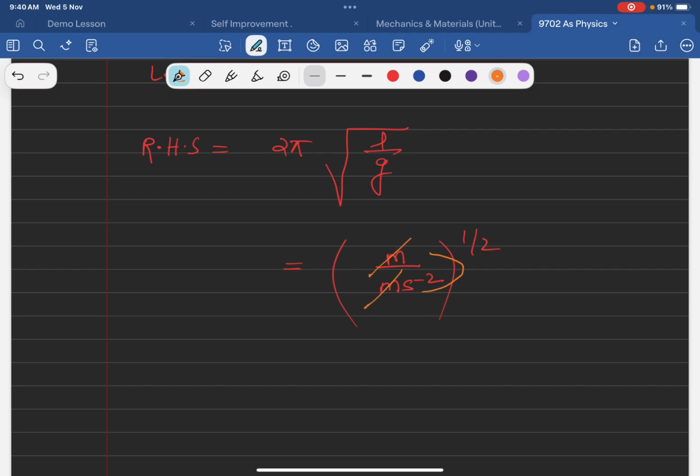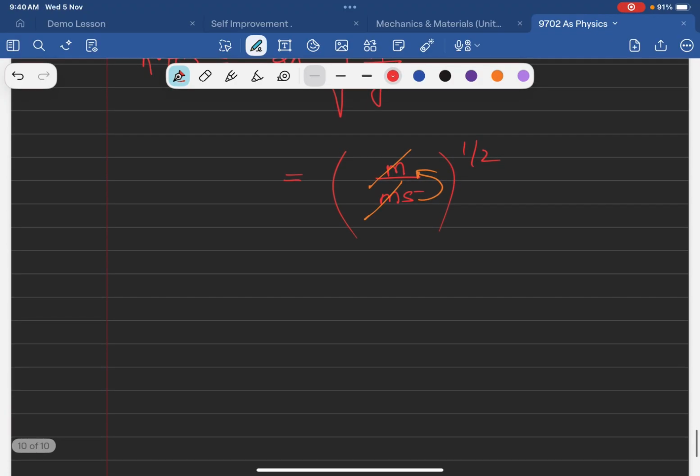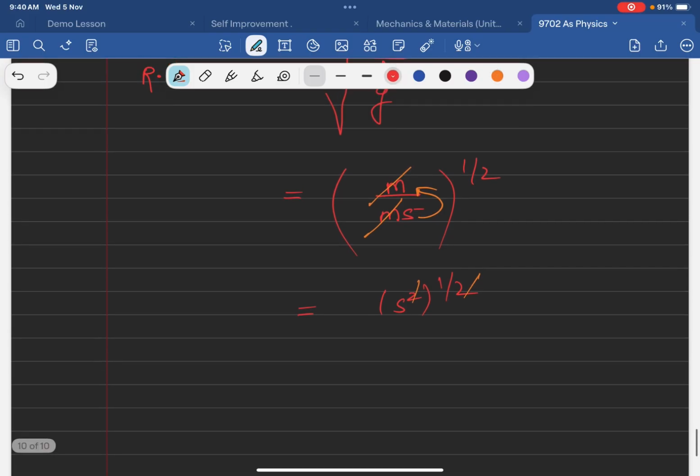This s minus 2, as it comes upwards, it will be s plus 2. The minus will be changed in plus 2. And then the s squared, when multiplied by 1 over 2, that 2 will be cancelled by 2. And what we have in the end, we only have s on the right hand side as well.